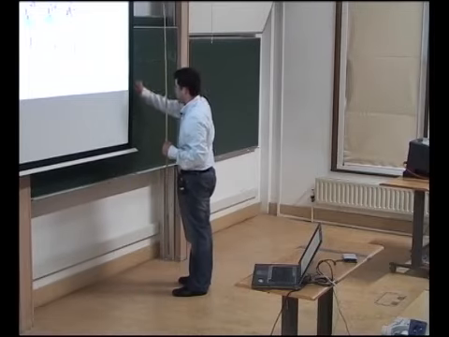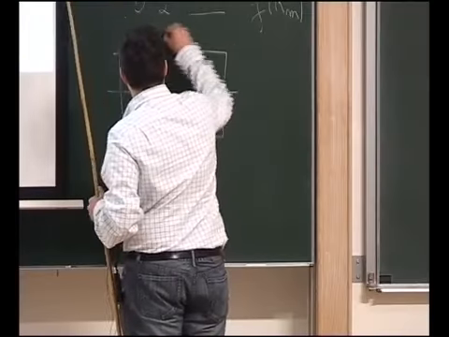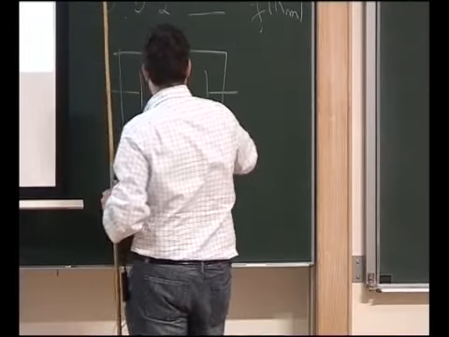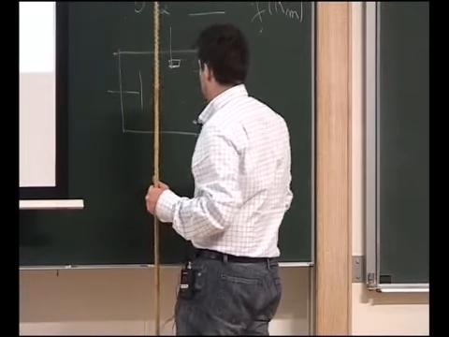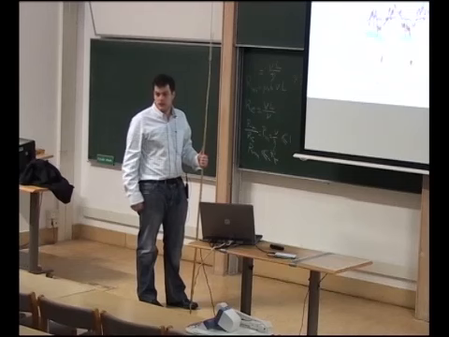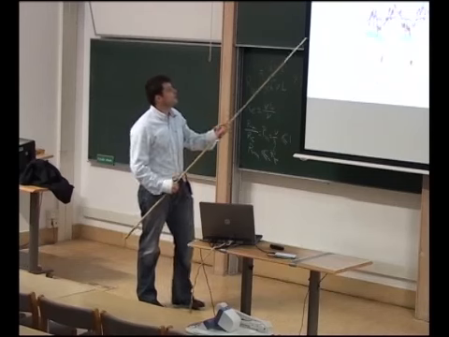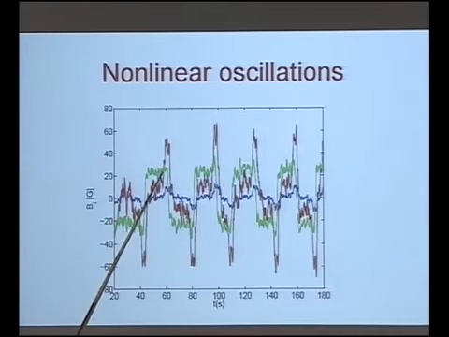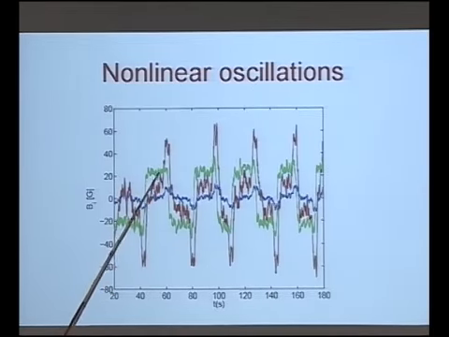Here is a time series of the measured magnetic field at some position in the experiment, in the mid-plane. You see that the components oscillate with a really nonlinear oscillation.